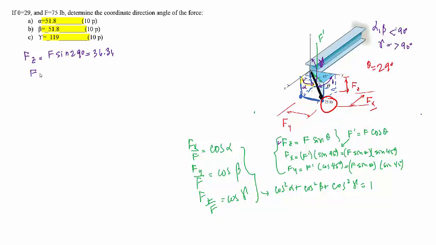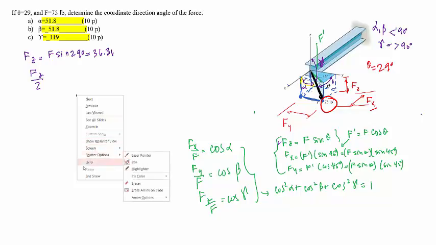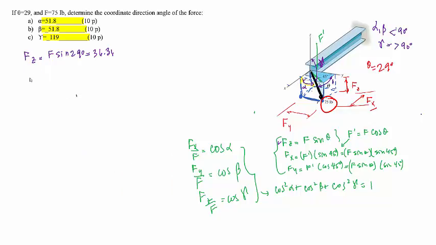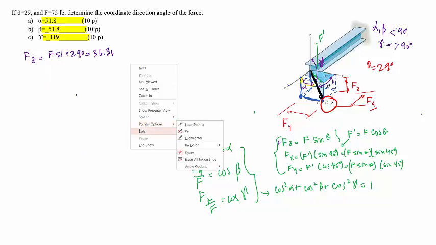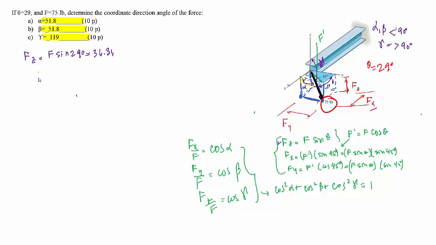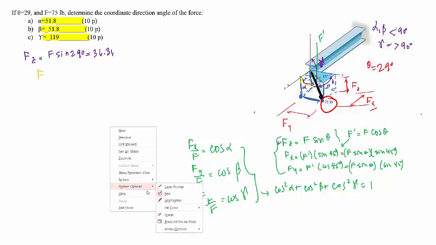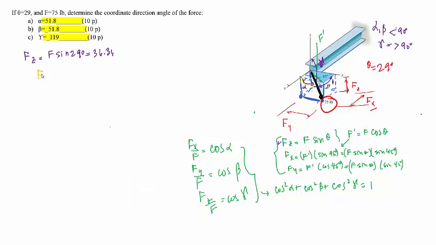So Fz over F is going to be cosine of gamma.